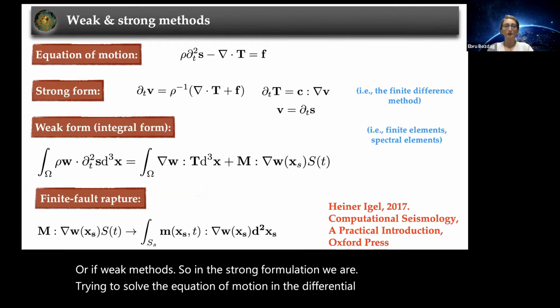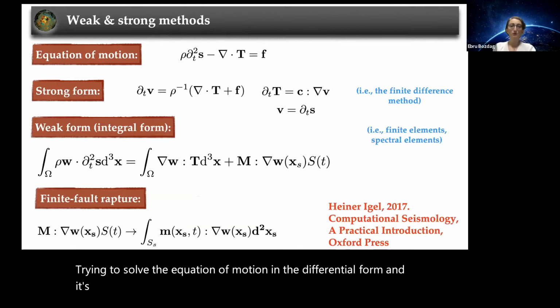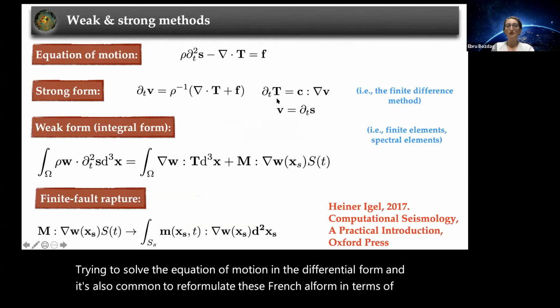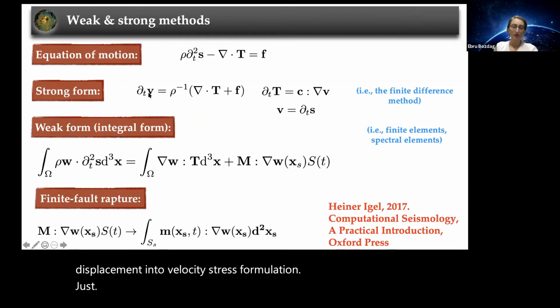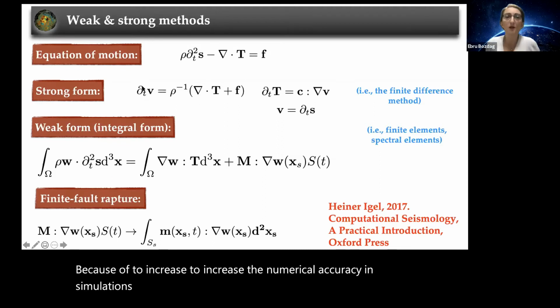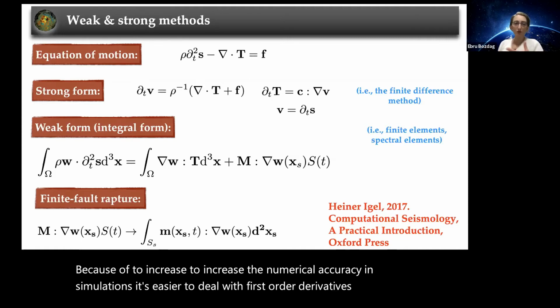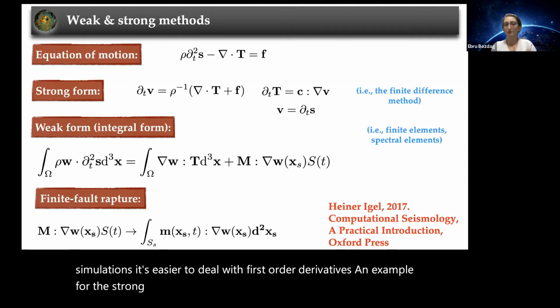And it's also common to reformulate this differential form in terms of displacement into velocity stress formulation, to increase the numerical accuracy in simulations. It's easier to deal with first order derivatives. And an example for the strong methods is the finite difference method.